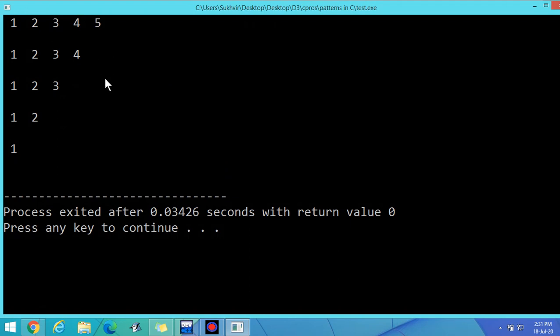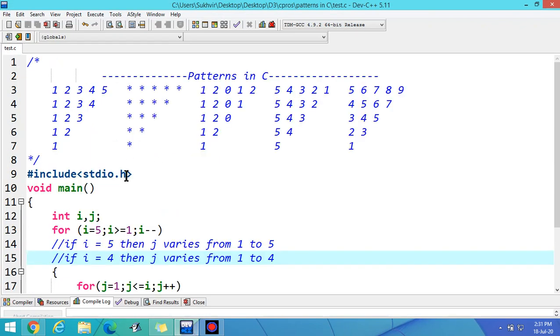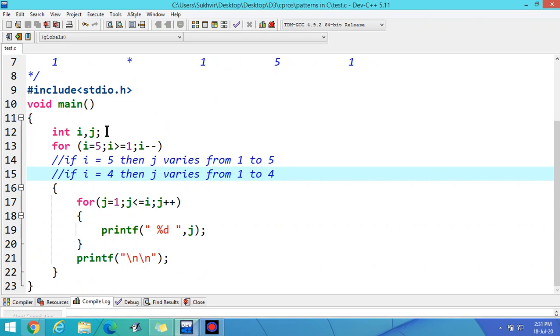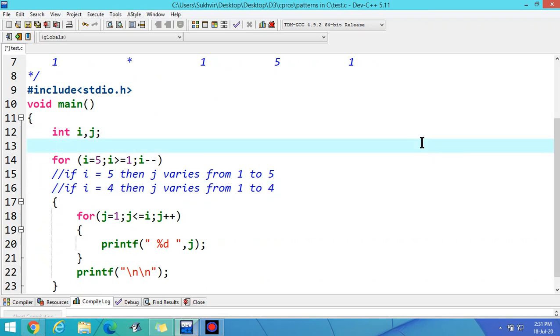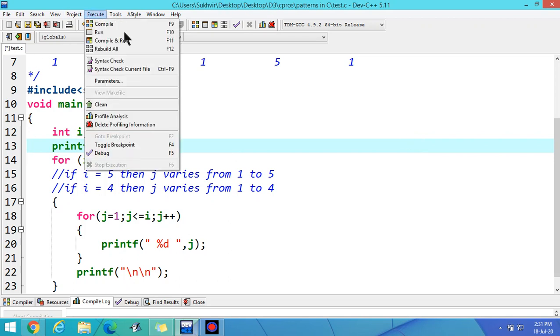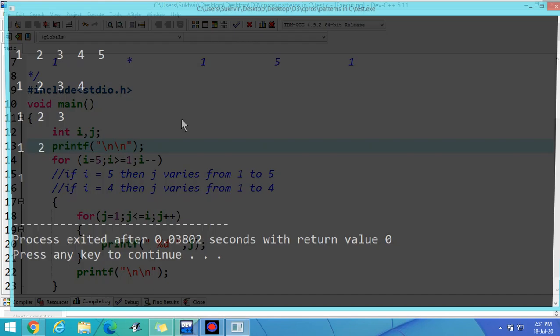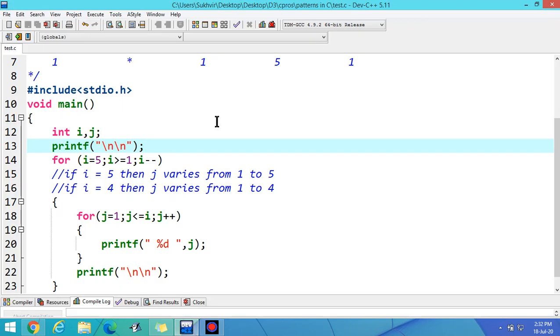Yes, the contents are okay. 1, 2, 3, 4, 5, 1, 2, 3, 4, 1, 2, 3, 1, 2 and 1. Print, then execute.